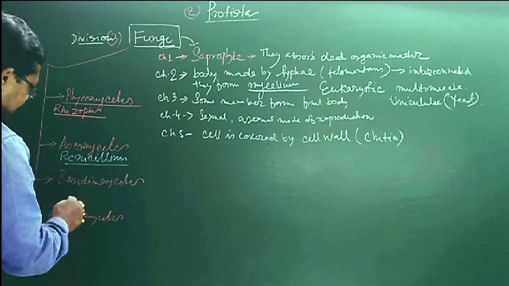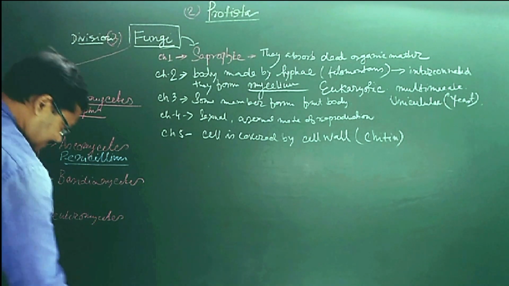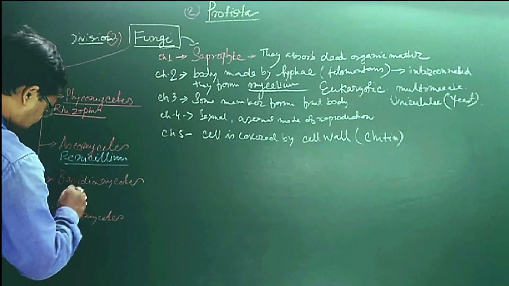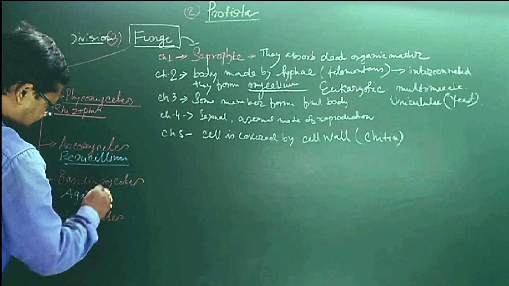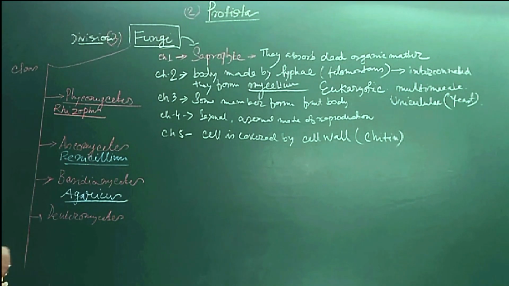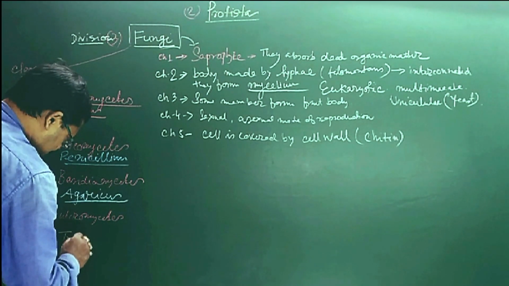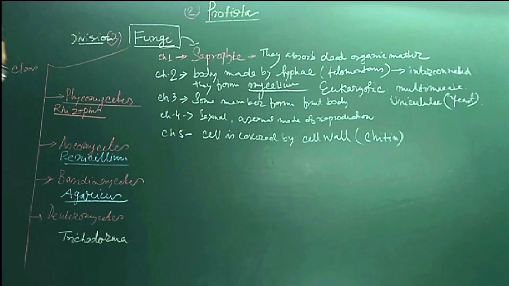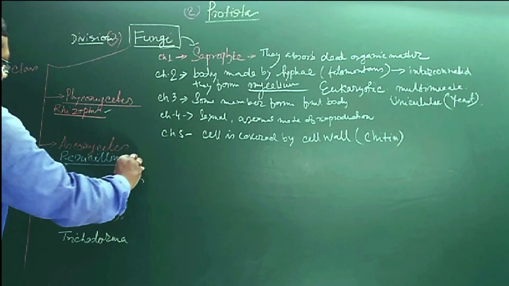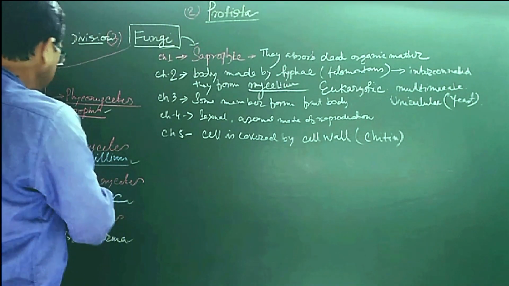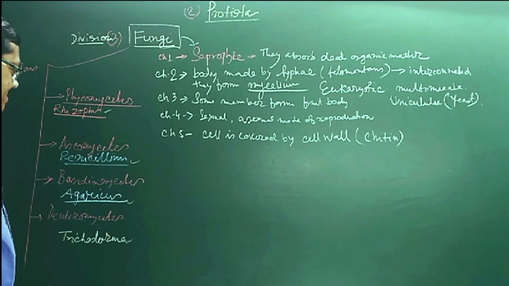Basidiomycetes, Agaricus. And Deuteromycetes, this is Trichoderma. These are some genera of the 4 different classes.